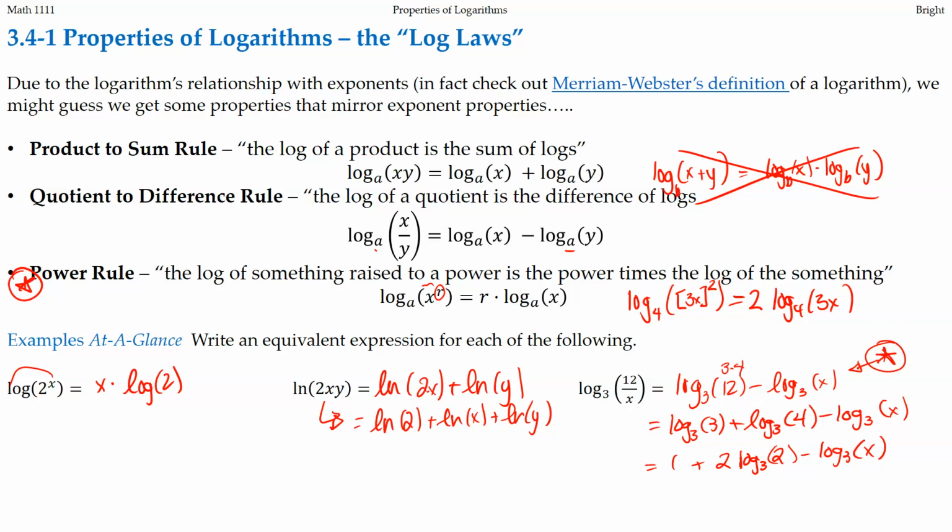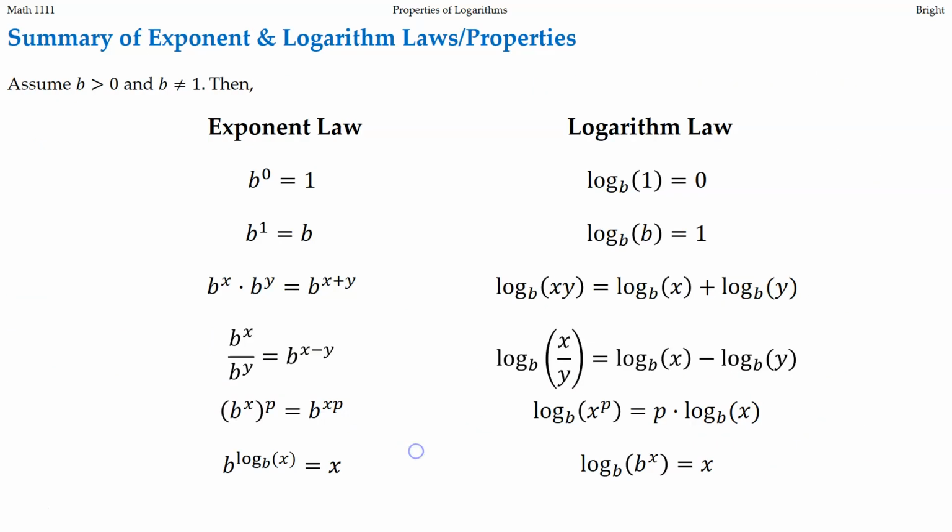Okay, so we have the log properties, and now this next screen, I find students really like this screen, so you might want to pause the video and write all these down so that you have the exponent laws and log laws all together. This first one is the zero exponent property, and its equivalent in logarithmic form.